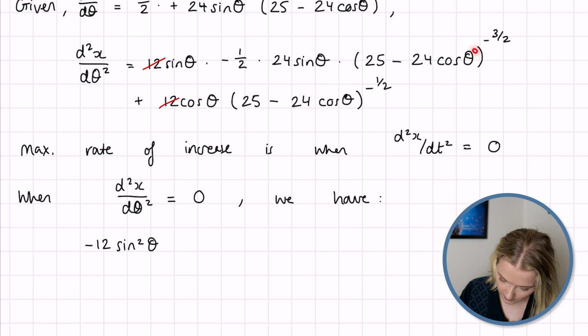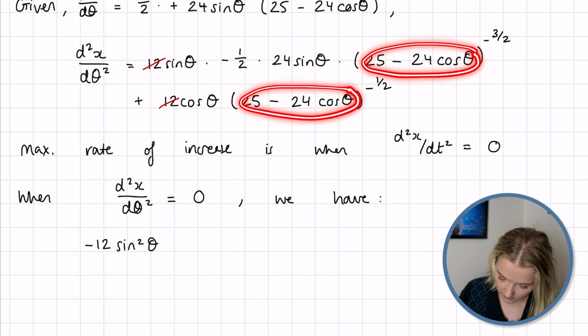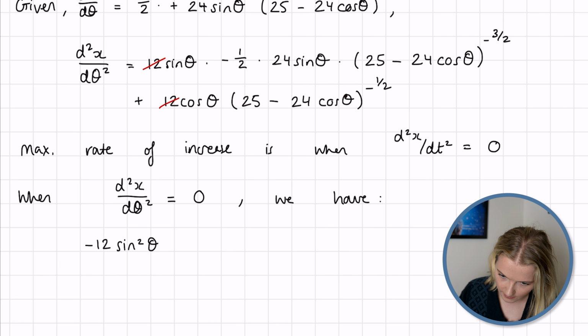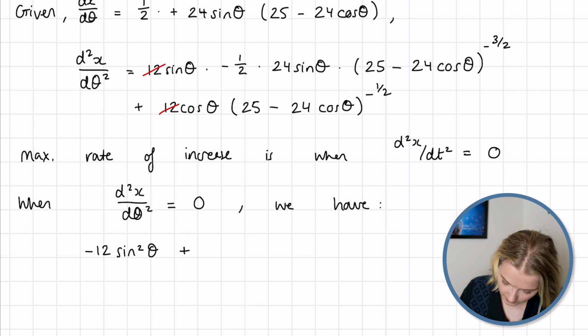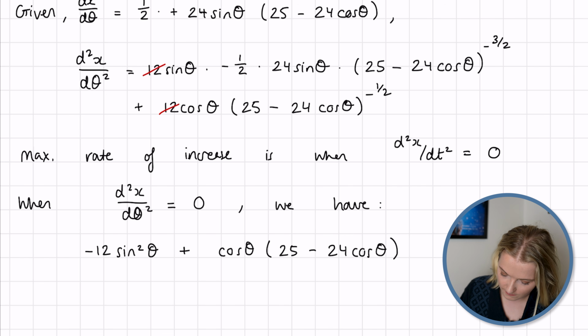Now we have this term here and this term here. So we can multiply and clean things up, because all we need to do is multiply one side by this to the power of half, then this would just be 1, and this would be 1 here, plus cosine theta, all multiplied by 25 minus 24 cosine theta, close brackets, which equals 0.